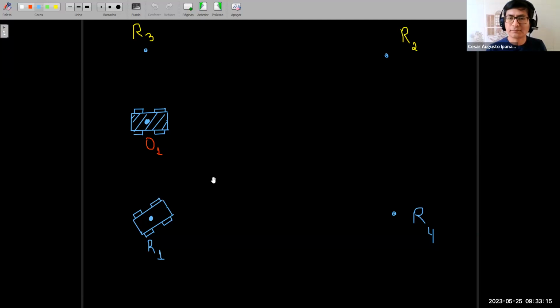Again the robot goes through R1, R2, R3, and finally R4. The difference is that the input of this algorithm includes the initial positions for this obstacle.